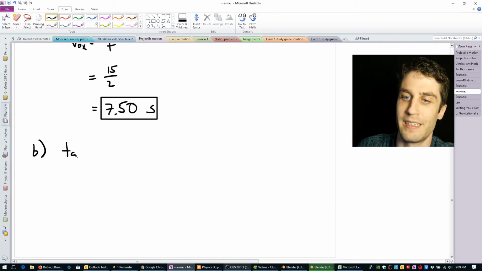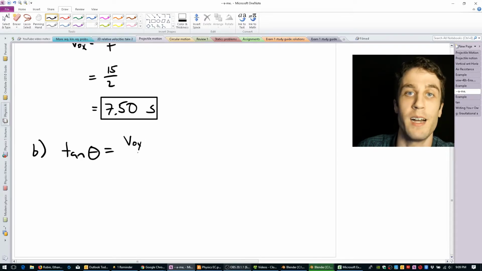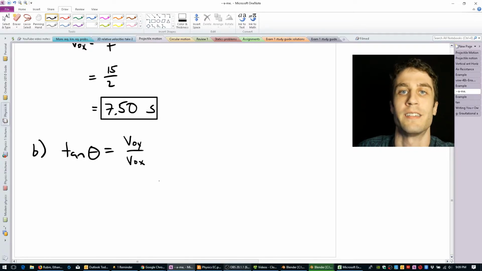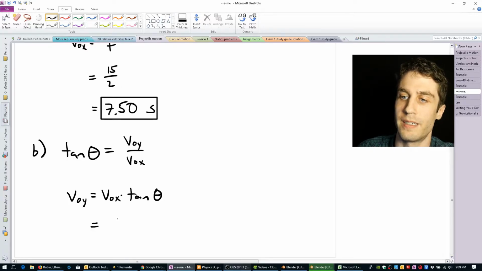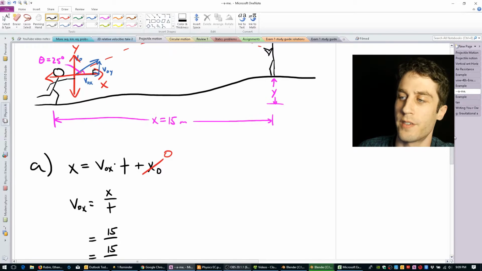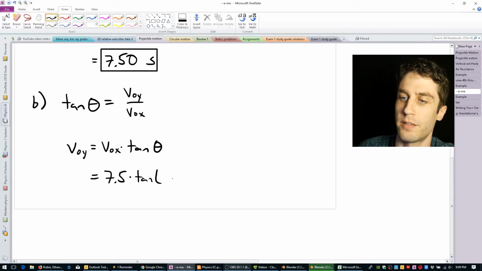So tangent of theta is equal to v naught y, the opposite side, divided by v naught x, the adjacent side. This tells us that v naught y is equal to v naught x times the tangent of theta, which is 7.5 times the tangent of, what was the launch angle? 25 degrees. 7.5 times the tangent of 25 degrees.